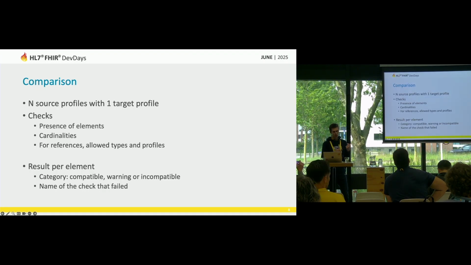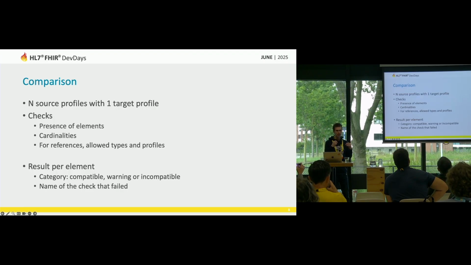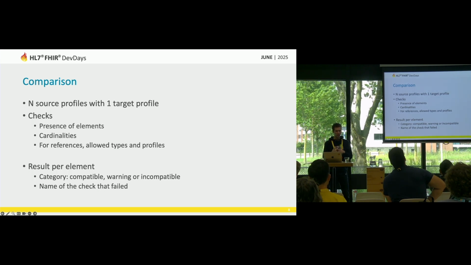We output a classification per element: is it compatible, is there something that cannot be decided for sure so you have to look into whether it is an issue or not, or it's not compatible. We also give the information which of those checks failed, like the cardinality failed, or the reference type failed.